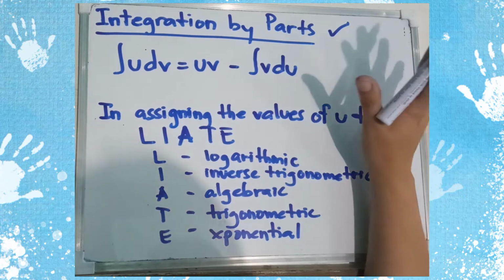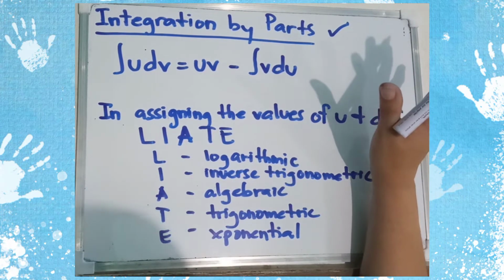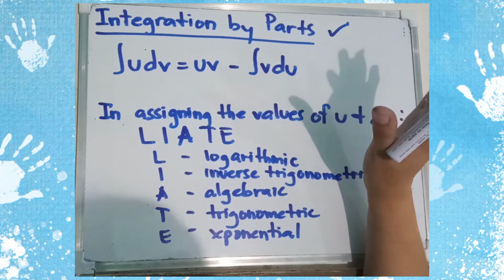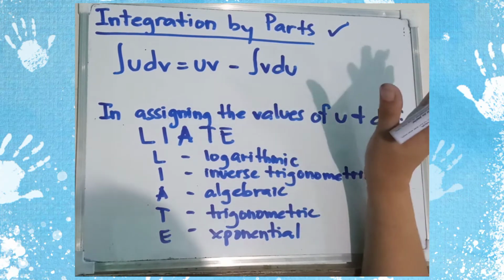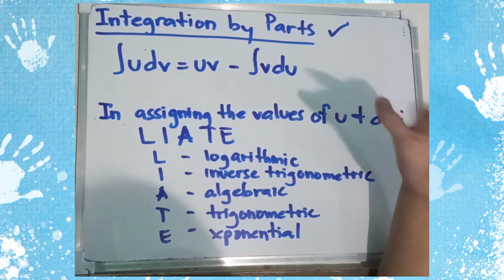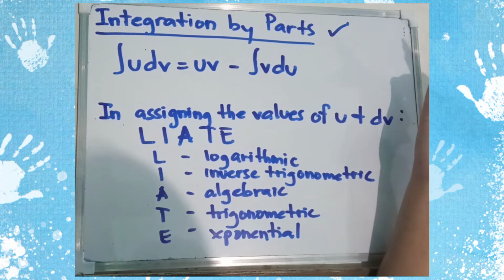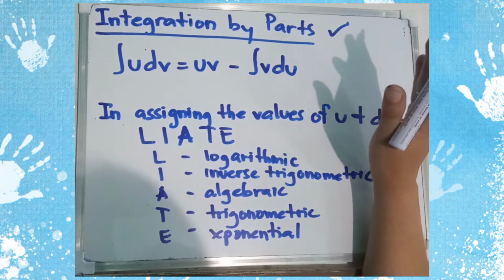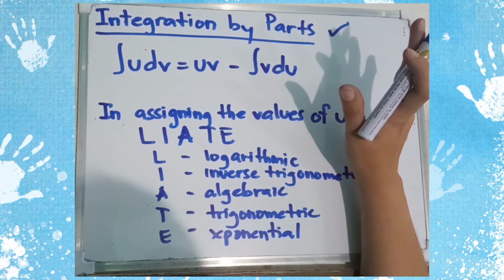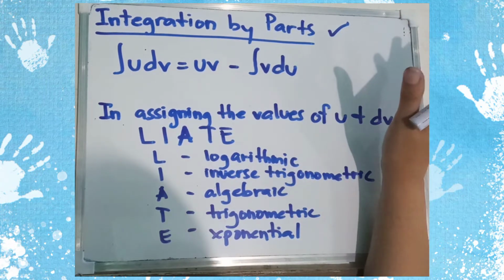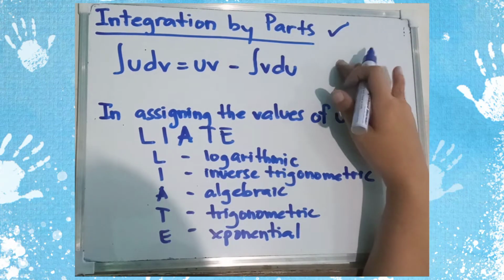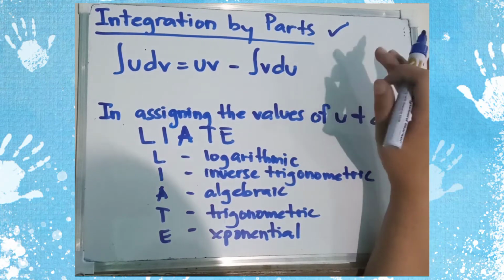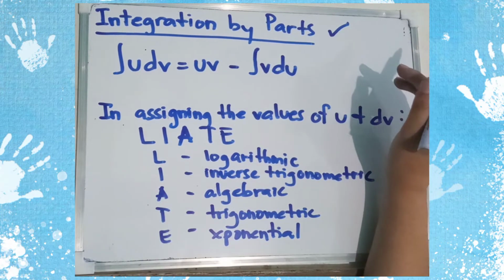This integration method is useful when we will be integrating expressions that are expressed as the product of two functions. In your differential calculus, you had the product rule for differentiation; in integral calculus we have integration by parts, which is the product rule for integration.